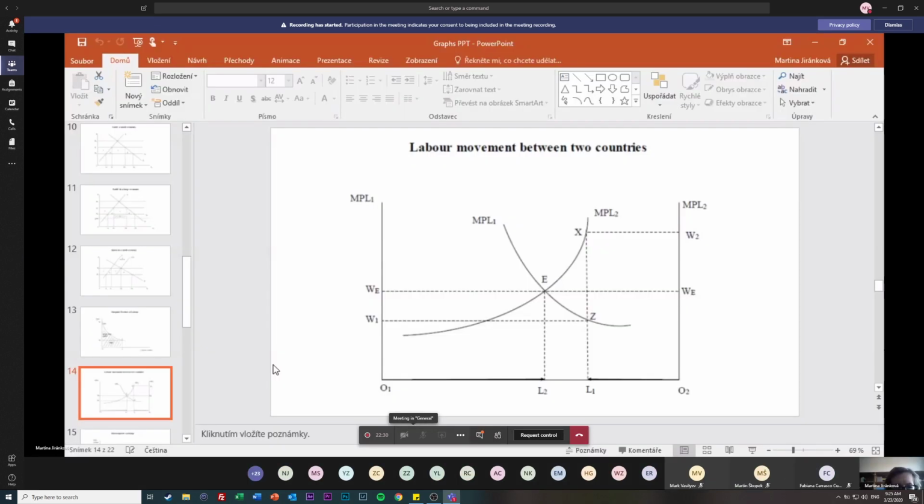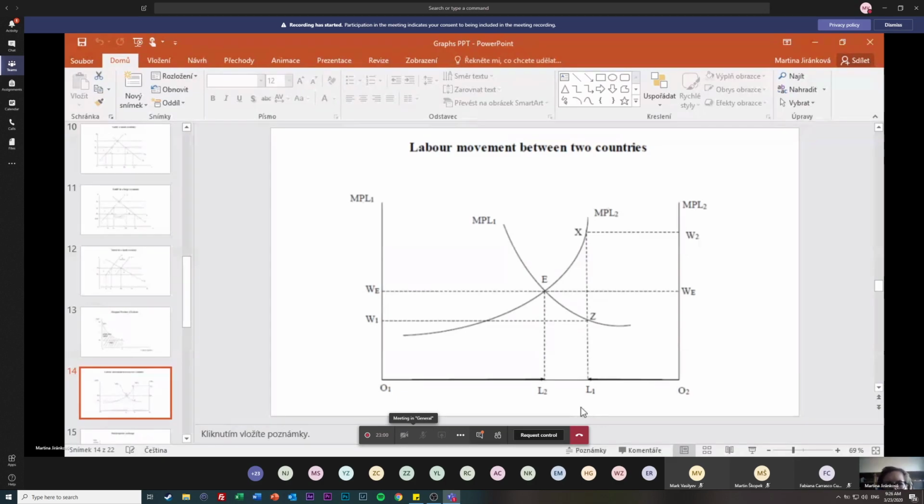Now you can see the graph with two economies. Economy 1 is the same picture as it was before. This is the first economy, the domestic economy, say the Czech Republic. The second graph is the same graph but with the opposite orientation.